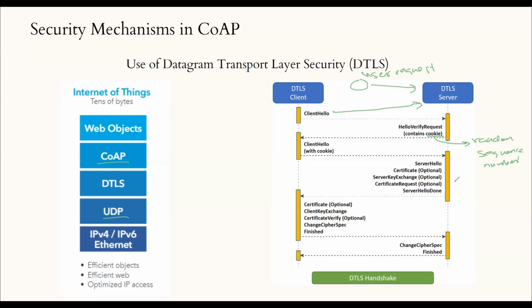So using the CoAP protocol, the client can use the DTLS protocol to ensure the security of the communication and build a reliable communication with the server, right?